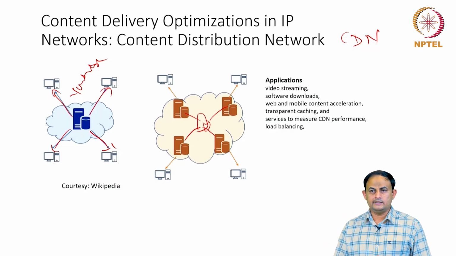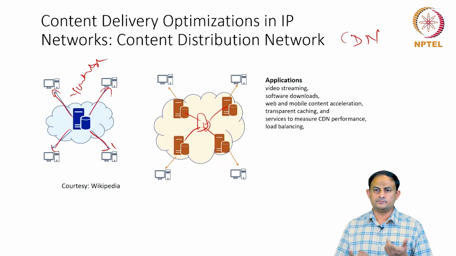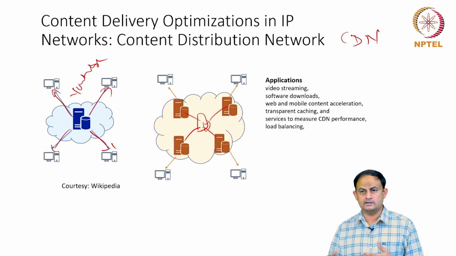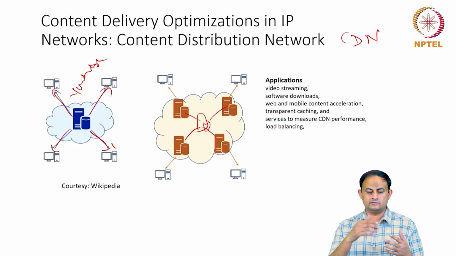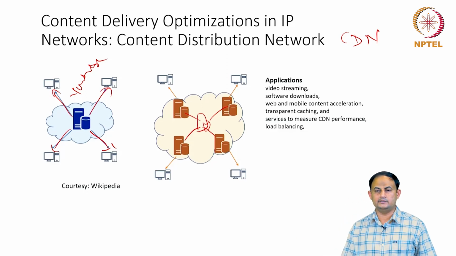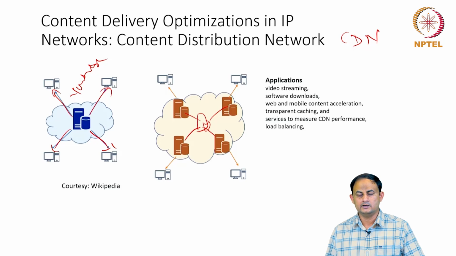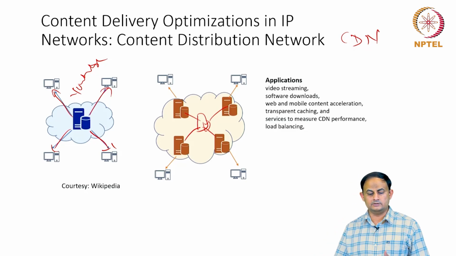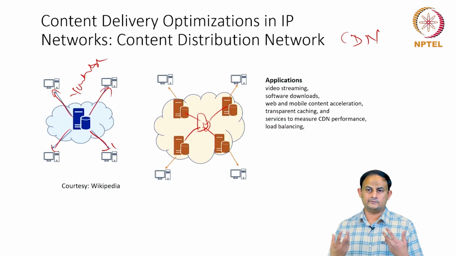This is called the content delivery network, and it helps to improve or minimize the latency. The end to end transmission time, from when the request originates from the end user to when the content arrives at the end user, is reduced.